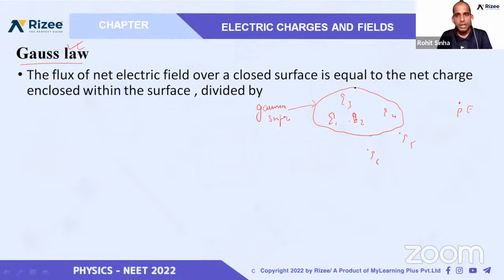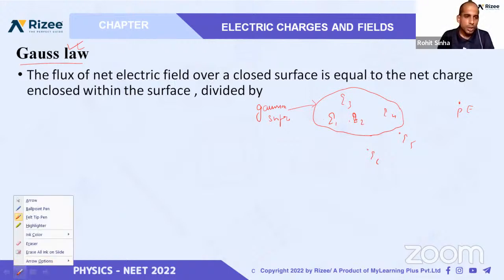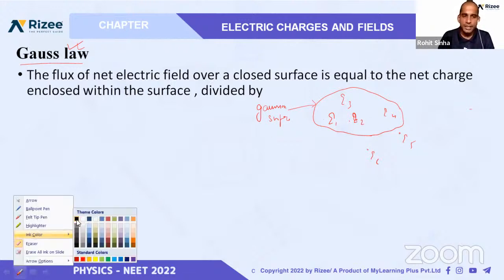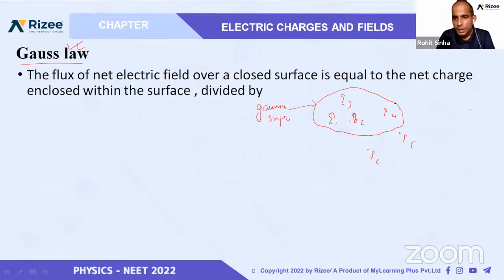First of all, Gauss told that we draw some surface including some of the charges which you are able to find easily, to find the electric field at any point P. Remember one more thing also: if we have to find the electric field at any point P, then that point should be touching the Gaussian surface.